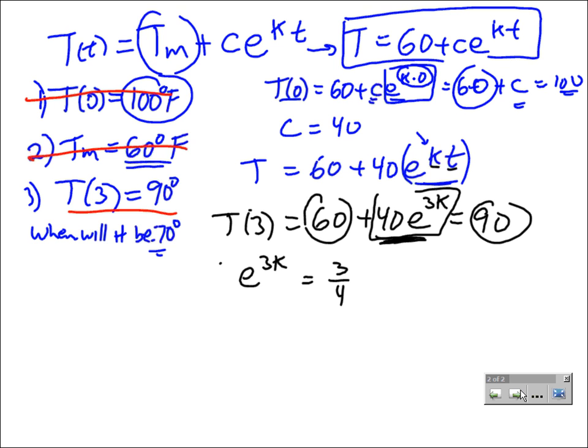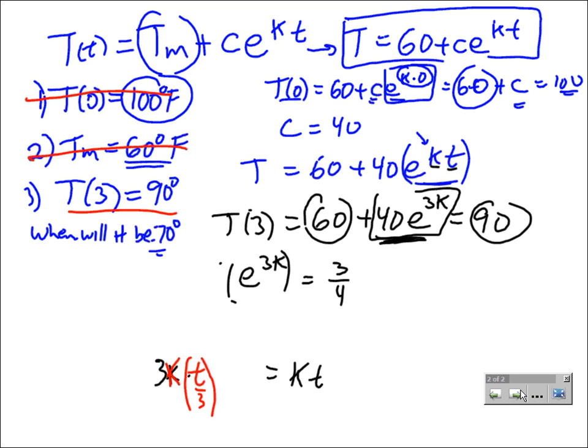But you know what? This almost looks like e to the kt. What do you multiply 3k by to get kt? Answer: you have the k, but you don't have the t, so I'll put the t in. But that 3's in the way. We'll divide by 3 and the 3 will cancel.